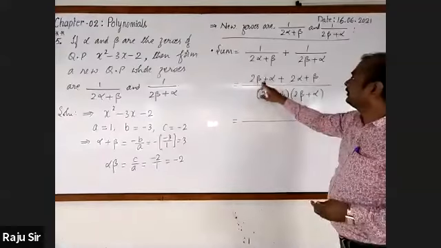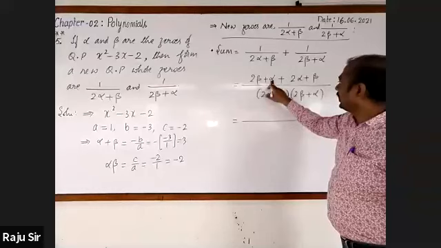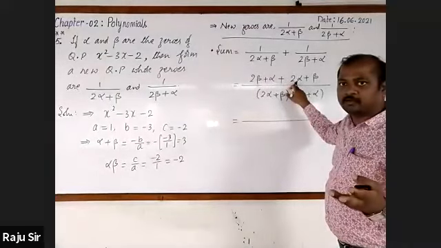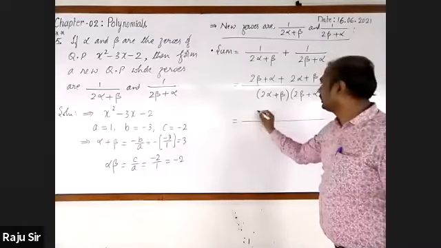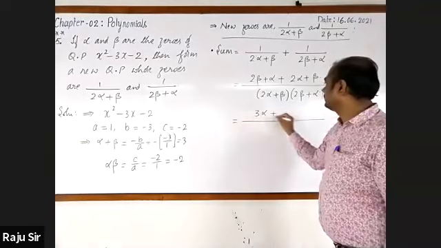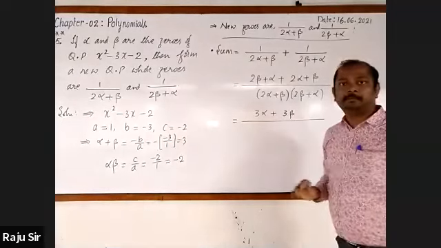Now look here. 1 alpha plus 2 alpha, 3 alpha. 2 beta plus 1 beta, 3 beta. So you can write 3 alpha plus 3 beta.